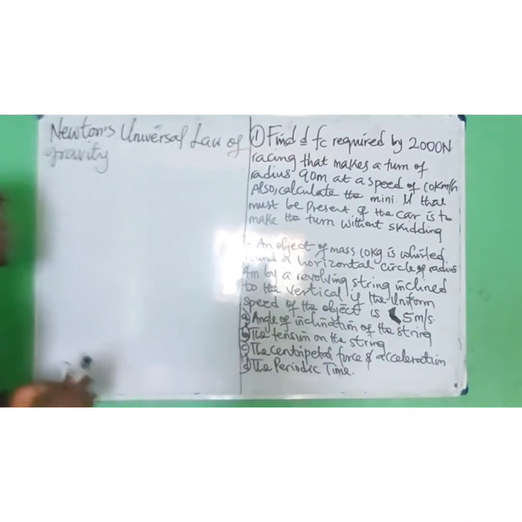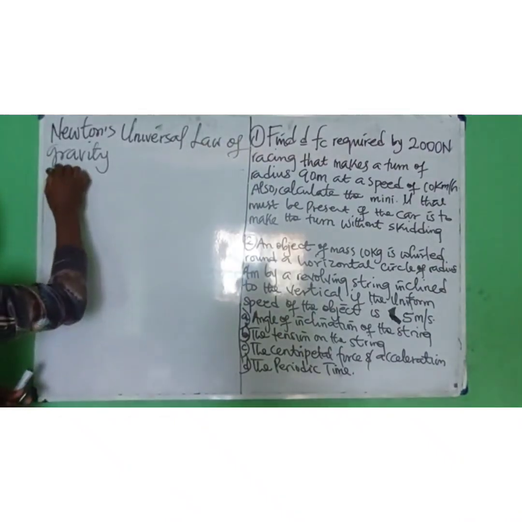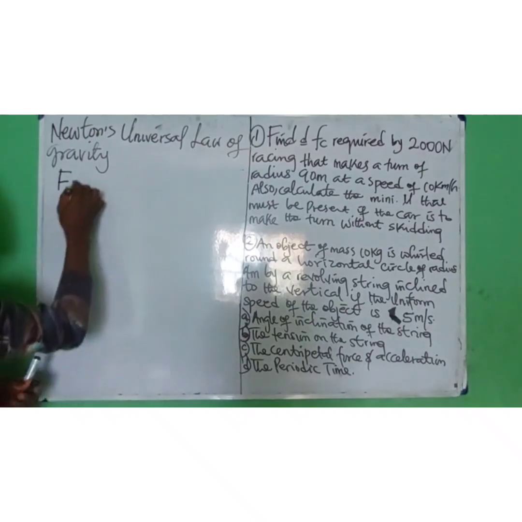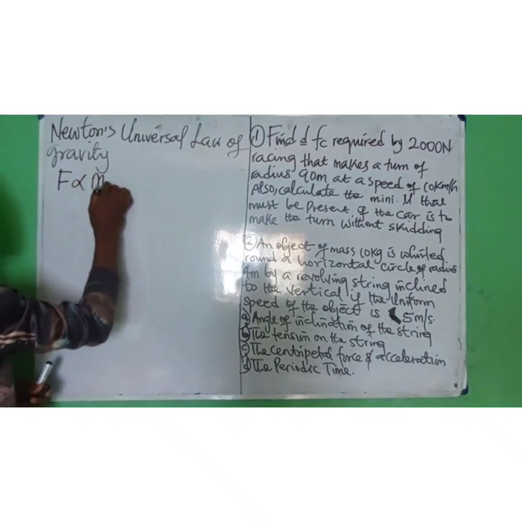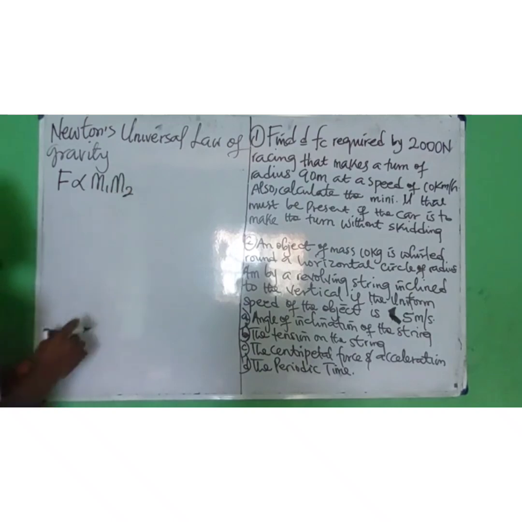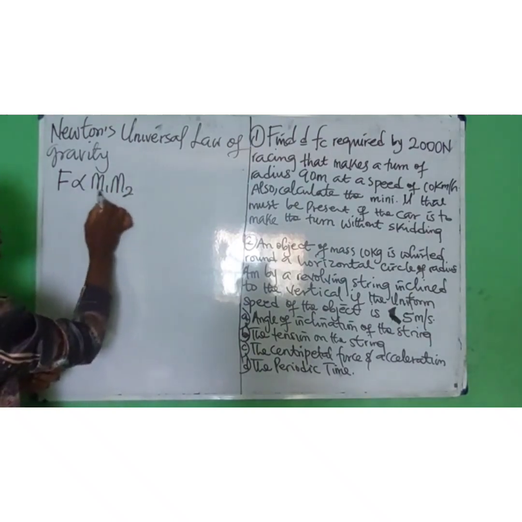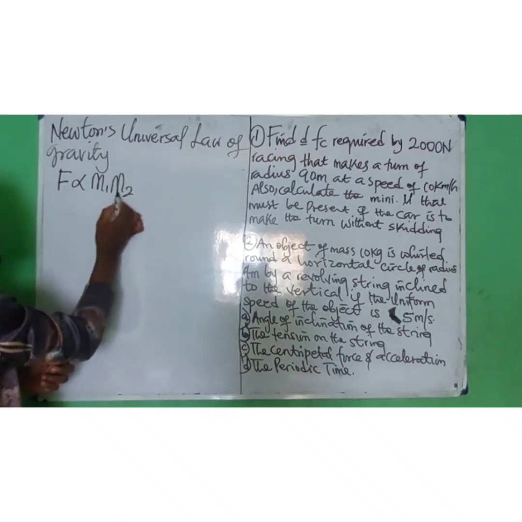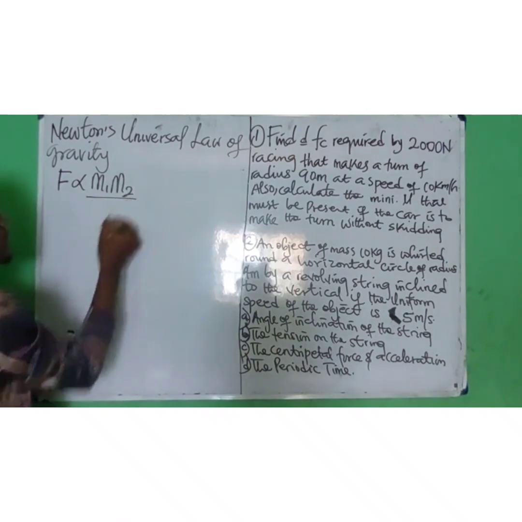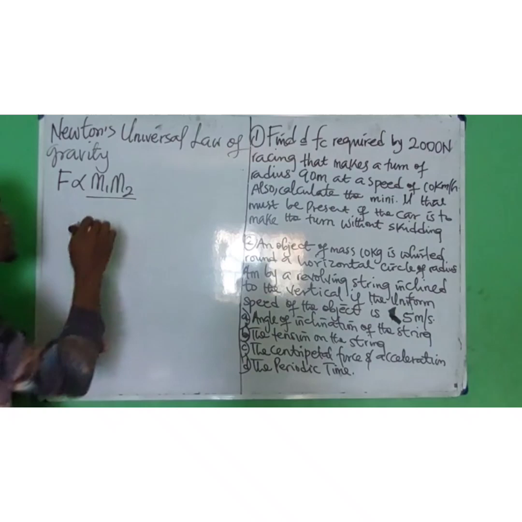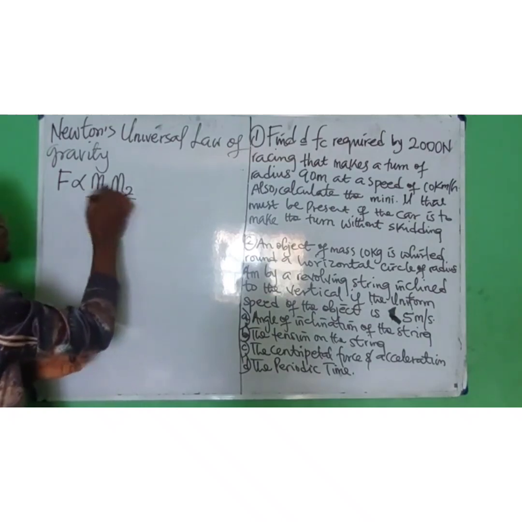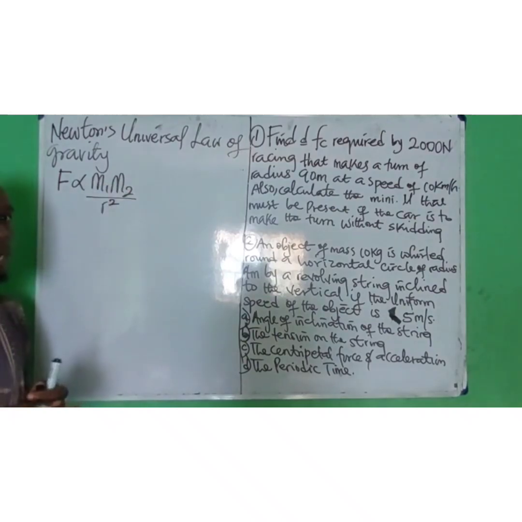I'll take it again. This law states that the force of attraction or repulsion between two masses m1, m2, is directly proportional to the product of these two masses, that is m1 times m2, and inversely to the square of the distance that separates these two masses apart.